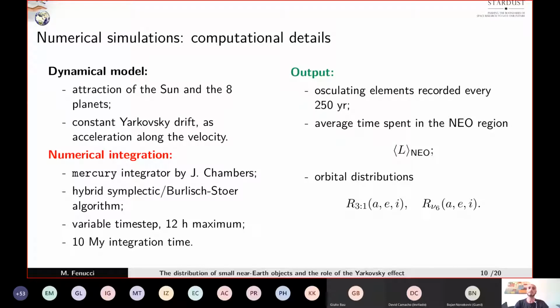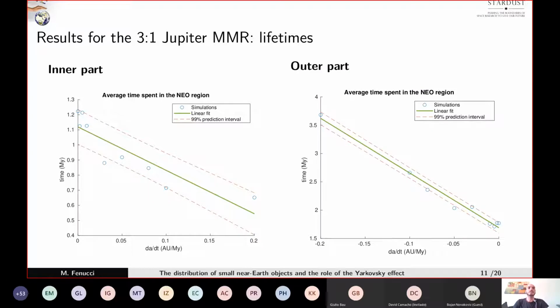In output, we record the osculating elements every 250 years, and then we compute the average time spent in the near-Earth region and the orbital distributions associated to these two routes, which are the 3-to-1 and the secular Nu-6 resonance. Here we can see some results for the lifetimes of objects entering through the 3-to-1 Jupiter mean motion resonance.